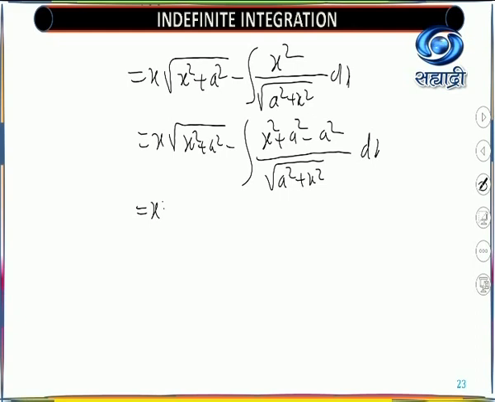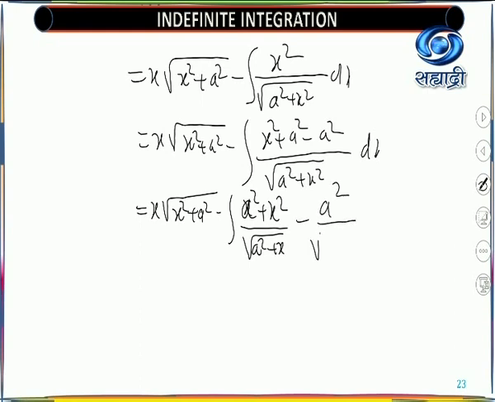You will get x root of x square plus a square minus, now we'll separate out x square plus a square, or a square plus x square, as an addition upon root of a square plus x square. Then minus, I will write the minus sign here itself, a square upon root of a square plus x square dx.